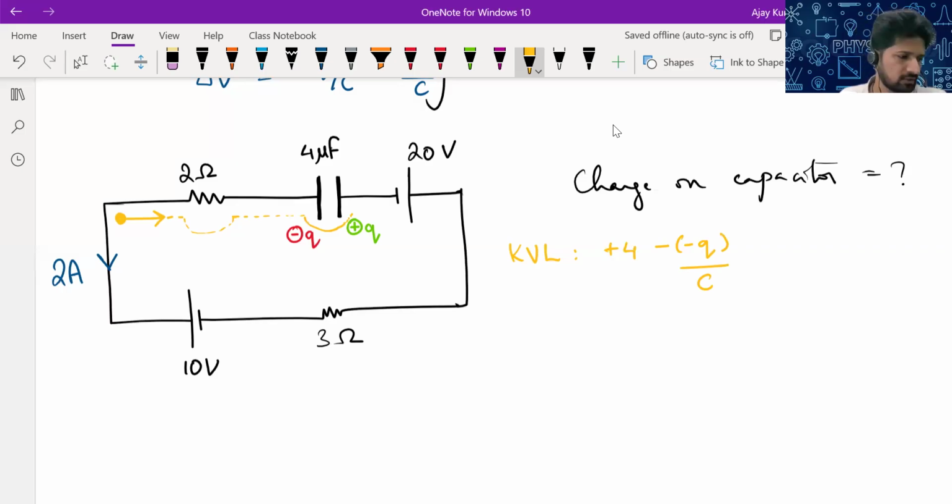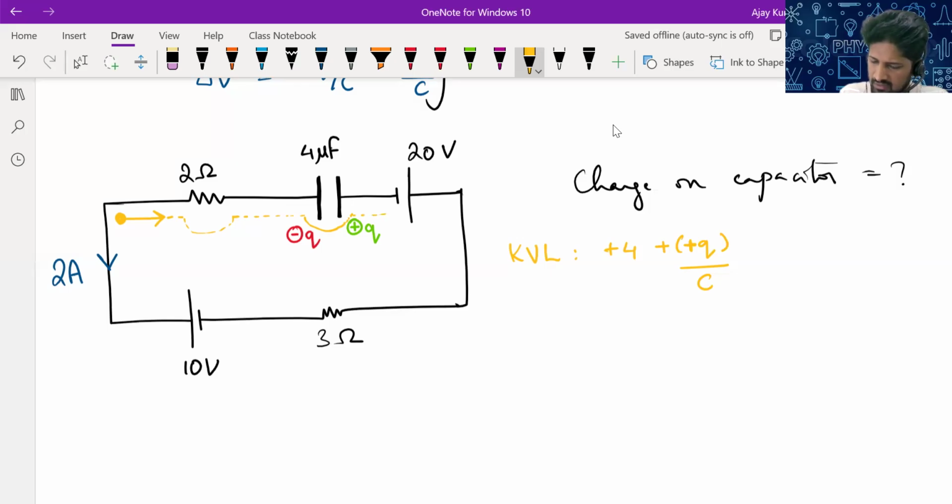We'll substitute as 4 microfarad later. We assume the left plate is negative. Negative of negative becomes positive. According to our assumption, we are going from negative plate to positive plate, means we are going from low potential to high potential. So you should write plus Q by C. If Q is actually as assumed, it will come out positive. If Q is a reverse of what we assumed, it will come out negative.